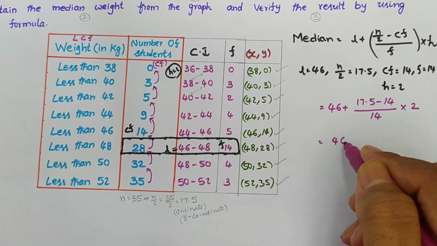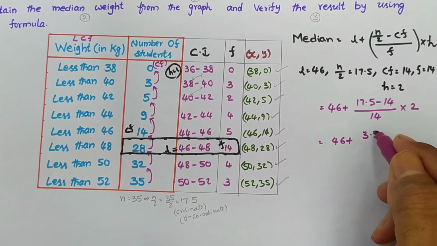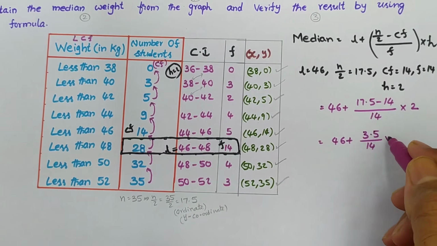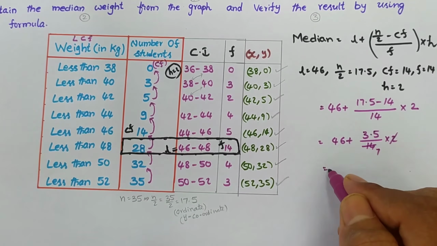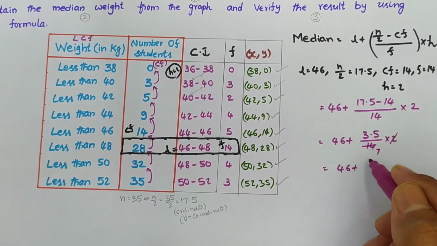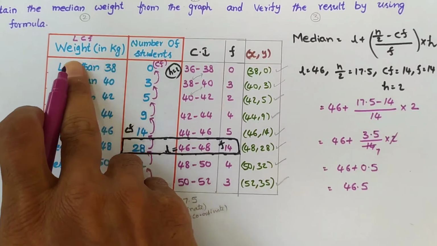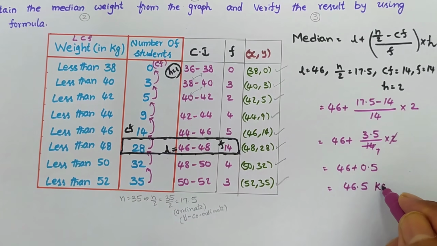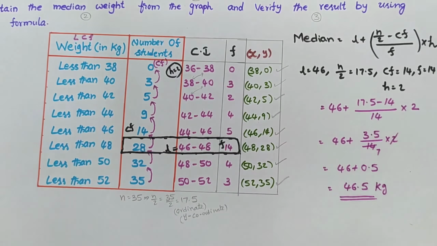Let us write 46 as it is. 17.5 minus 14 is 3.5 by 14 into 2. Let us cancel 2 and 14, so 7. So it is 46 plus 3.5 by 7 is 0.5. So 46 plus 0.5 is 46.5. Here you see this is in kg, so we can write kg. So we got the median as 46.5.